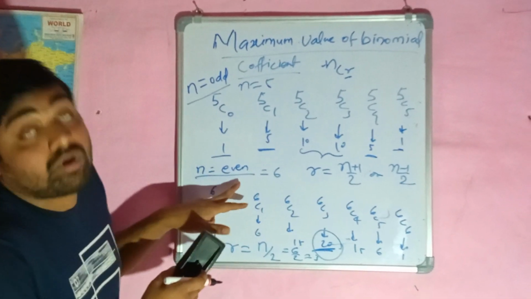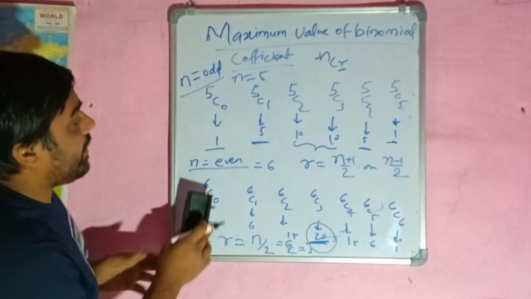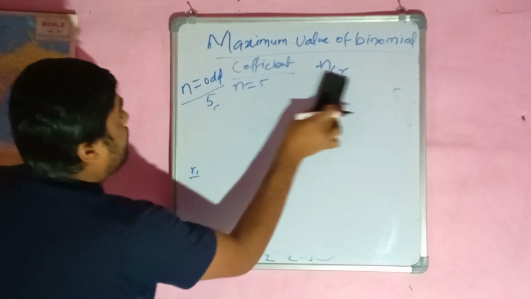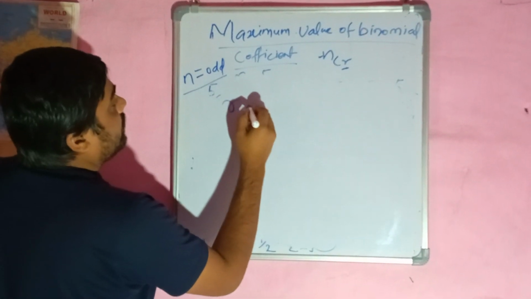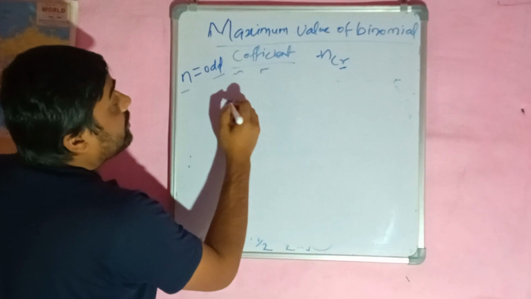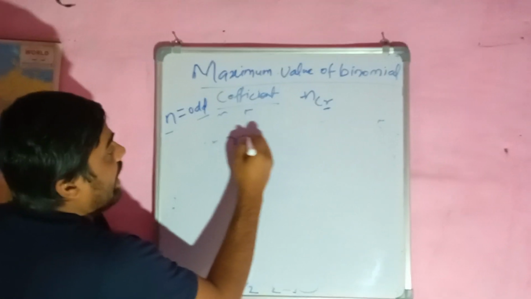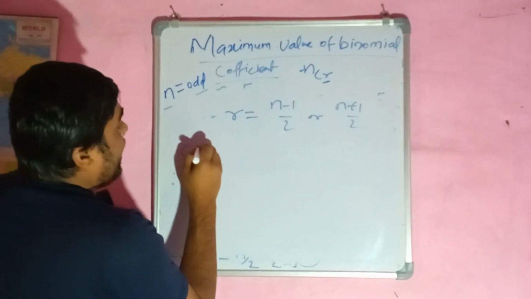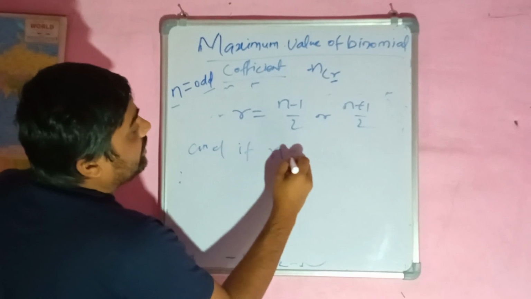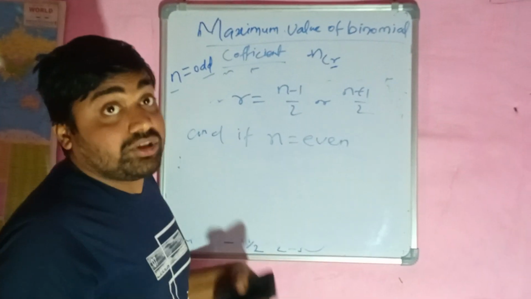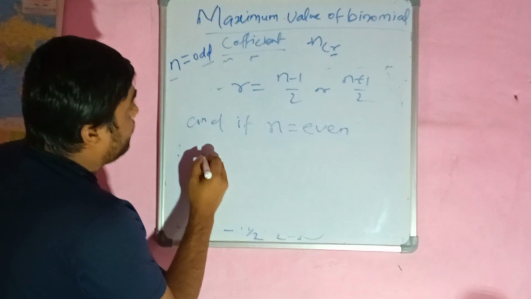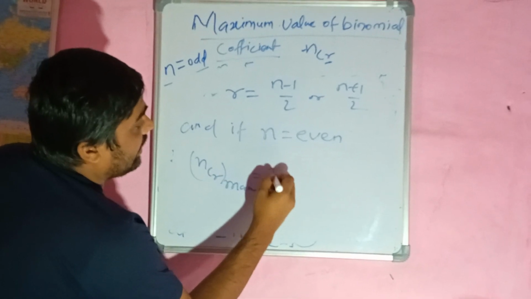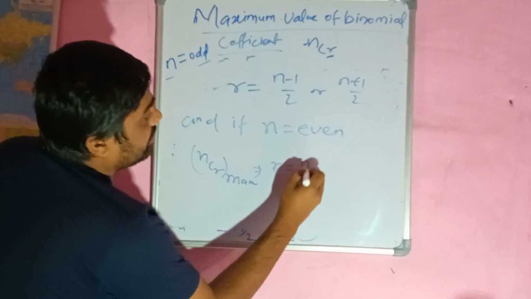So my dear friends, if n is odd, then the maximum value of coefficient will be at r is equal to either (n minus 1) by 2 or (n plus 1) by 2, and if n is even, then the maximum value of coefficient nCr will be at r is equal to n by 2.